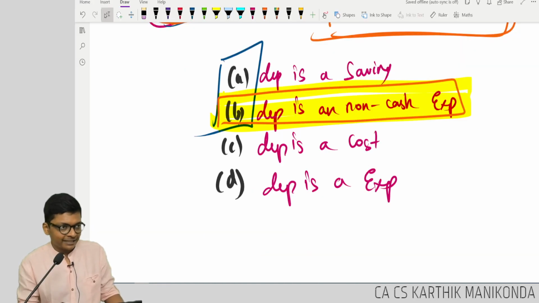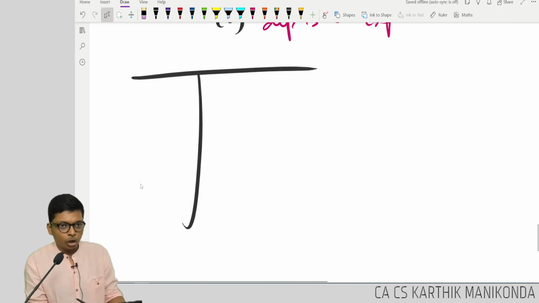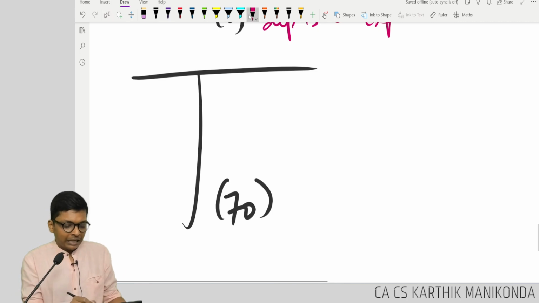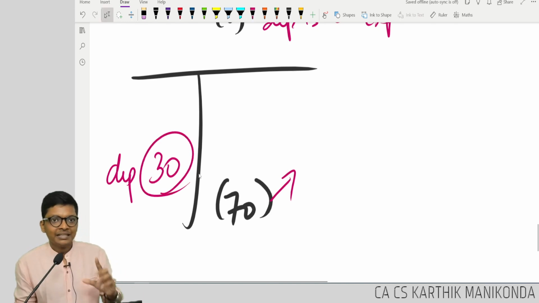That means what he's telling, guys, I'll explain. If I have a current year net loss of 70 and depreciation for the current year is 30, then the 70 includes the depreciation of 30.